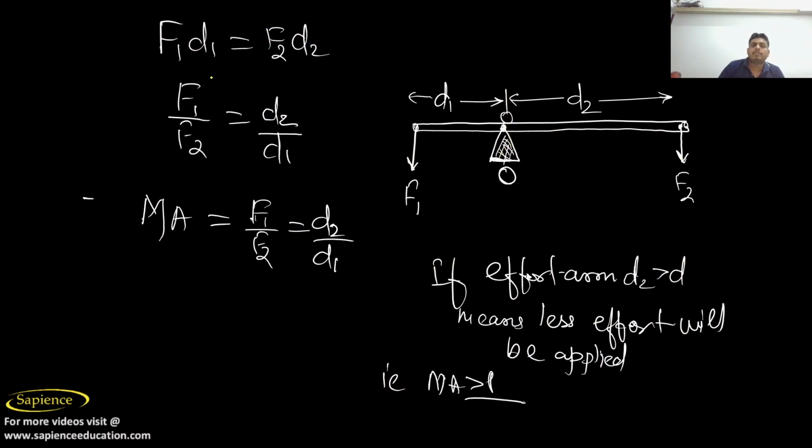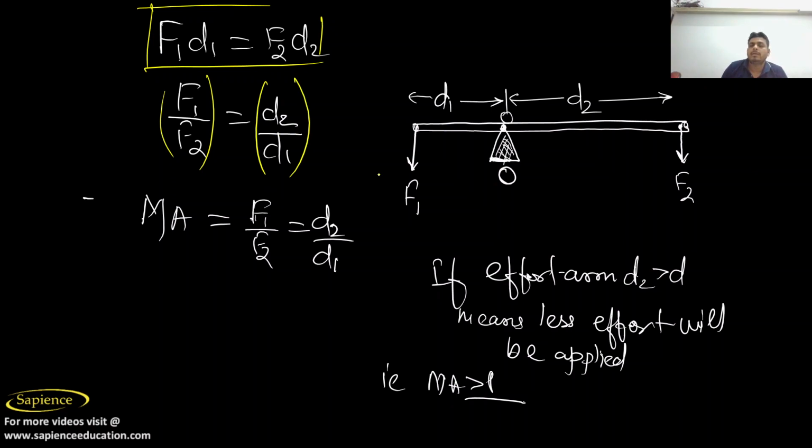Now since F1 d1 is equal to F2 d2, we can write F1 by F2 is equal to d2 by d1. Now tell me, what do you mean by mechanical advantage? Mechanical advantage is equal to load divided by effort, right?